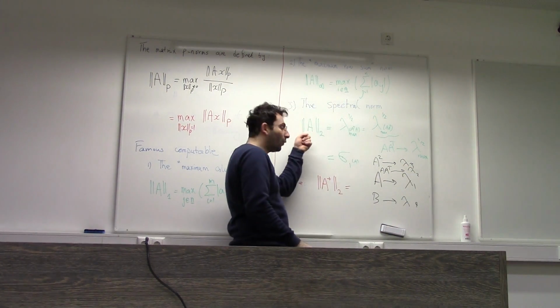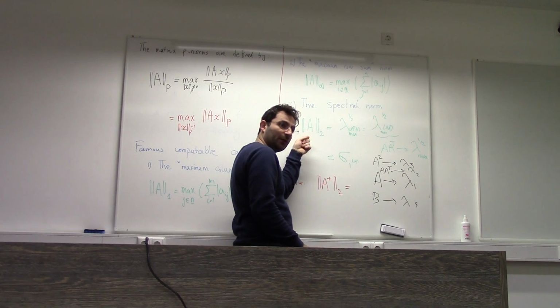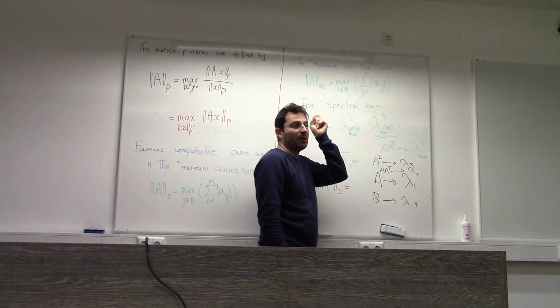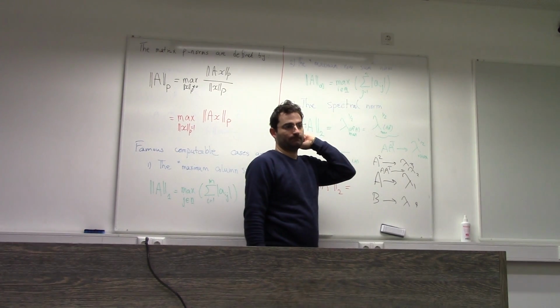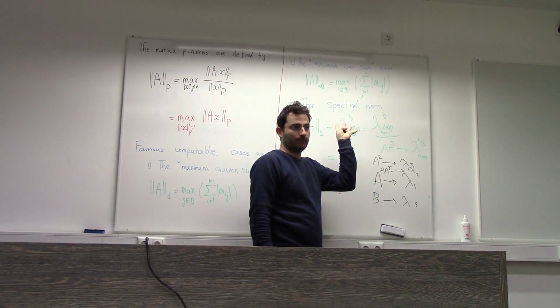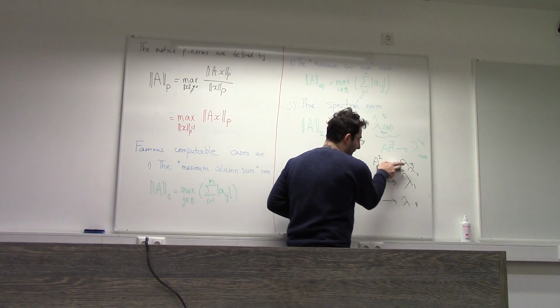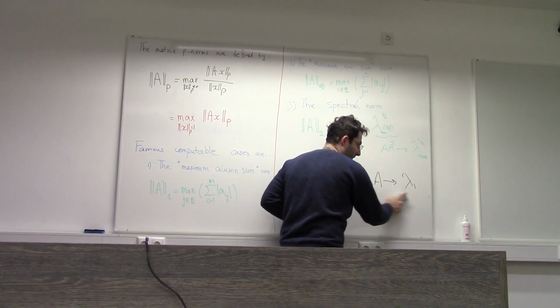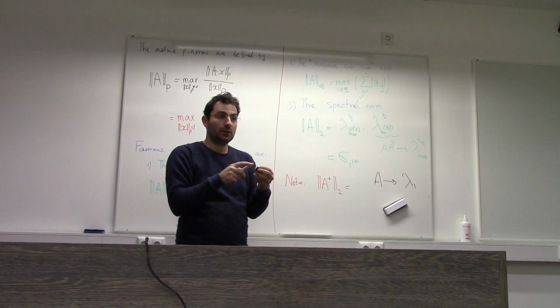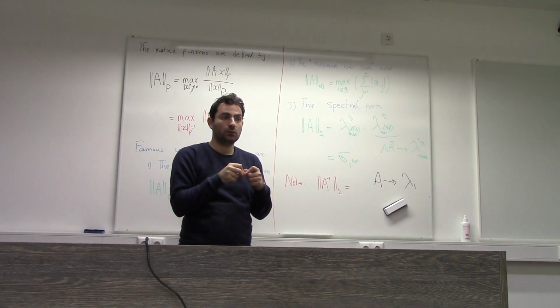But I'm telling you that if you want to find the norm 2 of A, you have to find the maximum eigenvalue of A transpose A. This is a formula. If you find the eigenvalue of A alone, which you can find as a number, it is not the norm 2.